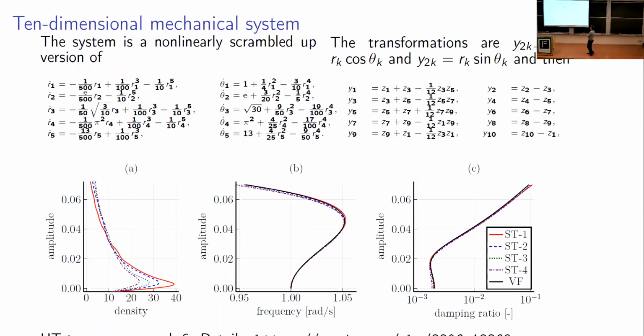So I tried this on a 10-dimensional system, and the HT tensor has a rank in each of the nodes and the leaves as well. If you want, there's a preprint about this whole talk on arXiv.